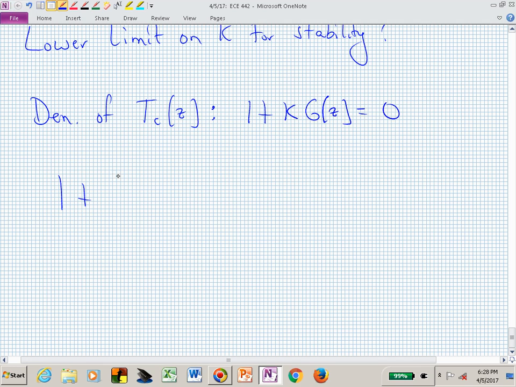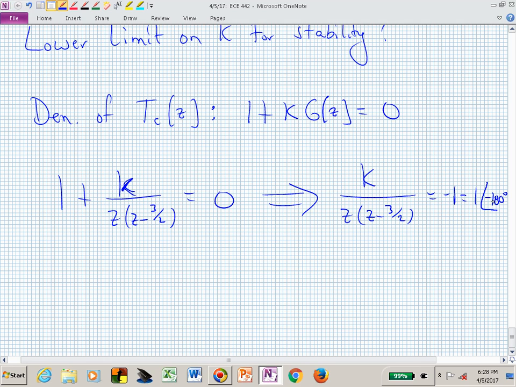We have 1 plus K over z, z minus 3/2, and we're going to set that equal to 0. But we know then that K over z, z minus 3/2 equals minus 1, or that equals 1 at minus 180 degrees.